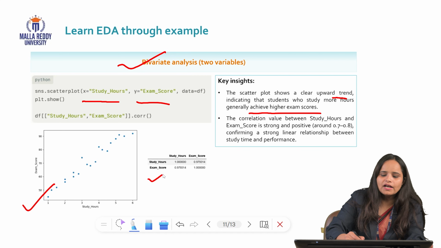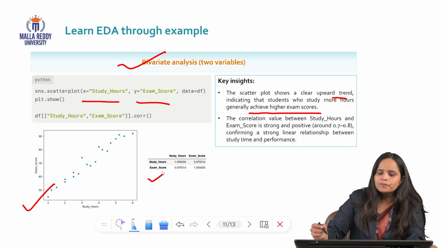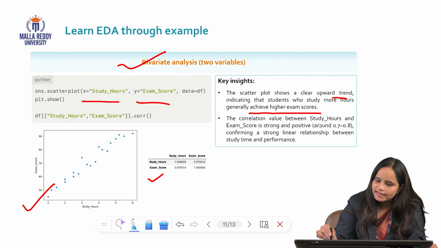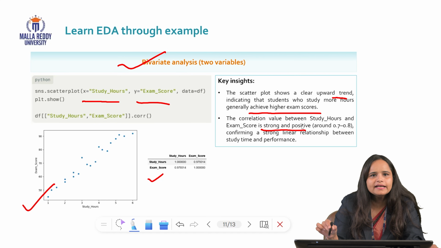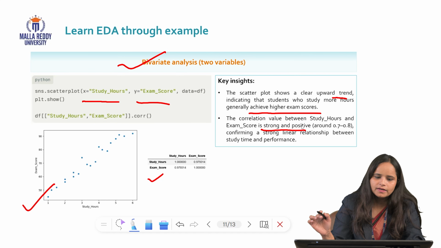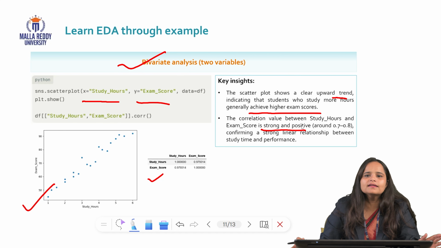Also here we have calculated the correlation matrix. The correlation value between study hours and exam score is strong and positive, indicating a strong positive linear correlation between these two variables. I hope you have got some idea about how to perform an EDA.